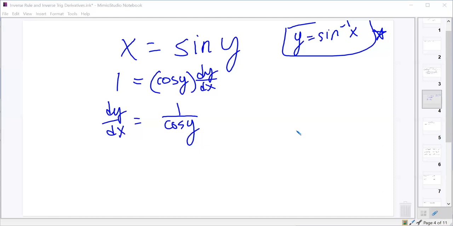Replace the y with inverse sine of x. Yeah. So we end up with something like the cosine of the inverse sine of x. Yep, we could do that, and that's acceptable, but also really, really irritating looking, isn't it?